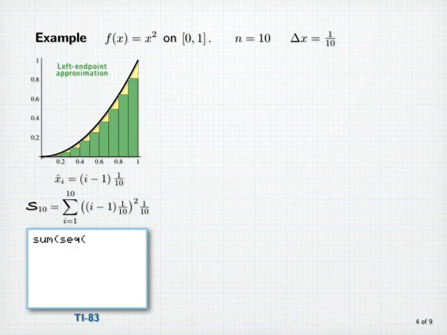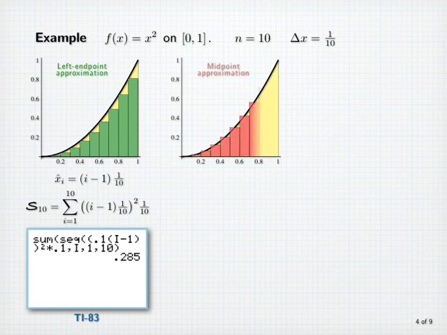The rest is straightforward. We type in the formula (1/10 times (i minus 1)) quantity squared times 1/10, and then type comma i, comma 1, comma 10 to indicate that we want i to go from 1 to 10. Then we press enter and we find that the sum is 0.285.